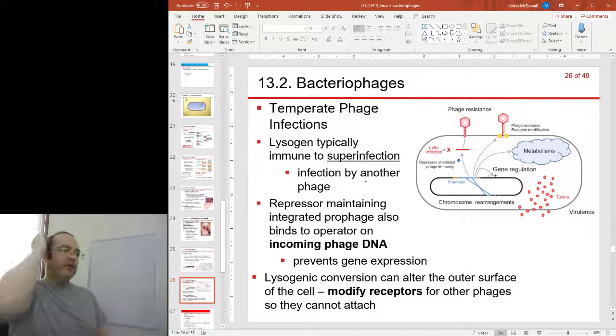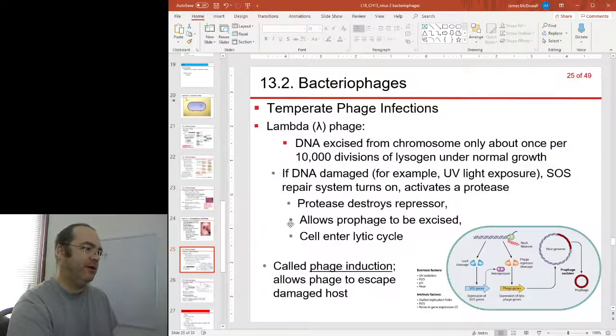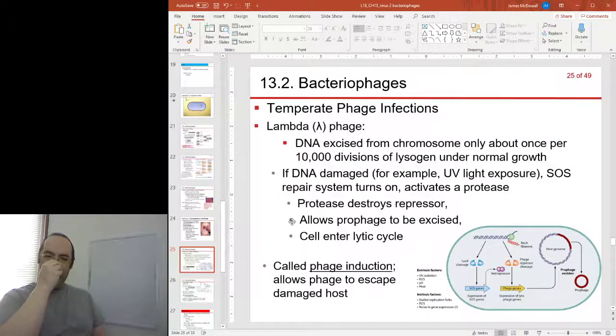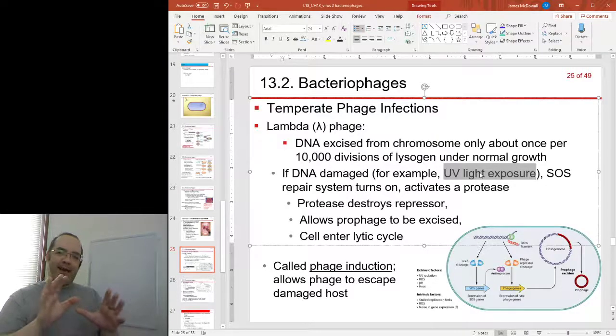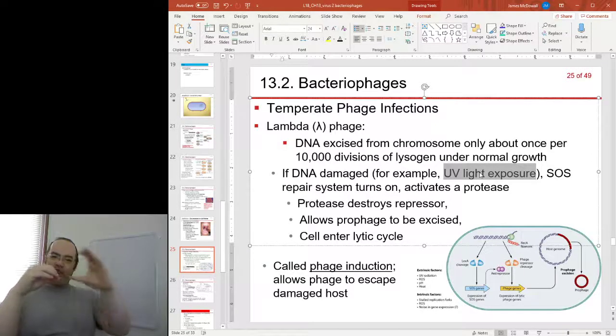Something happens then to the host, particularly things like DNA damage from UV exposure. That DNA damage switches on host systems to repair DNA. One of the things the host systems do, called the SOS repair system, is it destroys the repressor protein. It snips up the repressor protein. And now our viral snipping protein is active.